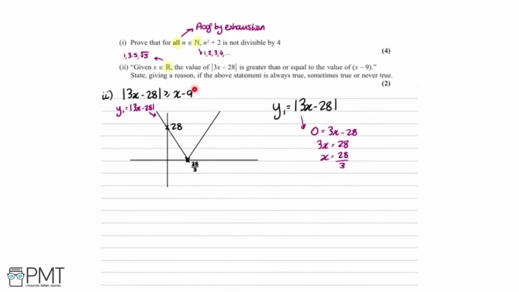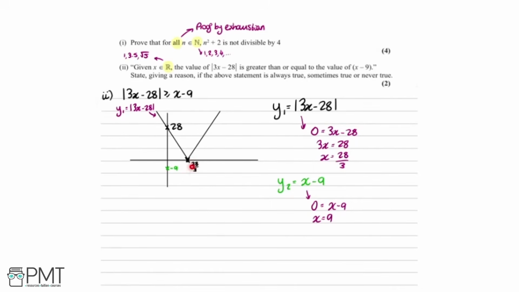So now we're going to focus on the x minus 9. I'm going to use a different colour for this. We're going to say that y2 equals x minus 9. Firstly, the y-intercept is going to be minus 9, so I'm going to sketch that on about here. Then working out the x-intercept: if we set y2 to equal 0, we get 0 equals x minus 9, so x equals 9.